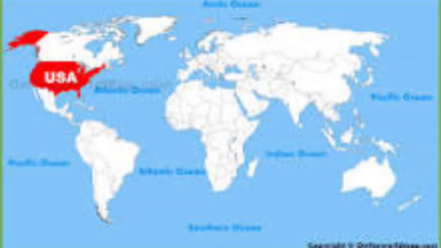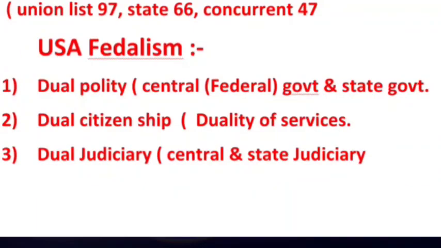డ్యూయల్ జుడిషియరీ. ఇన్ అమెరికా డ్యూయల్ జుడిషియరీ దేర్. India there is no dual judiciary, independent judiciary only there. మర్చిపోకుండా గుర్తుంచుకోవాలి, ఇండిపెండెంట్ జ్యుడిషియరీ దేర్ ఇన్ ఇండియా, డ్యూయల్ జ్యుడిషియరీ ఇన్ యుఎస్ఏ. మరి ఏంటి డిఫరెన్స్? అమెరికా సెంట్రల్ జ్యుడిషియరీ, సెంట్రల్ కోర్ట్ అండ్ స్టేట్ కోర్ట్ బోత్ ఆర్ సెపరేట్.